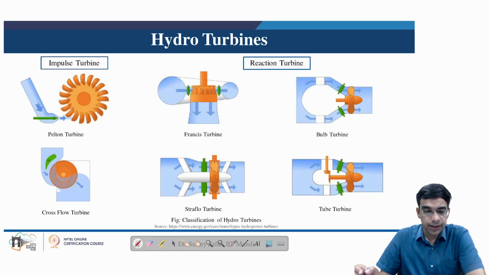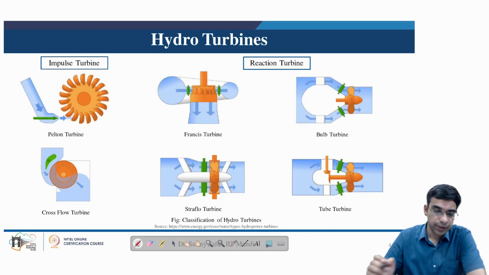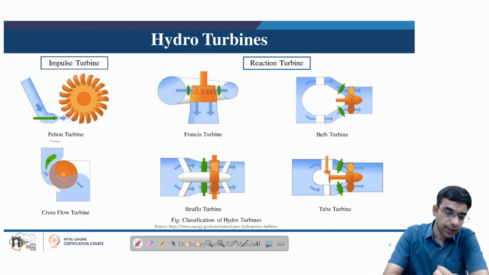So here we can see the impulse action as well as the reaction action as the turbines are functioning. So as we have discussed in case of the impulse turbine here, it is the kinetic energy of this water jet which is getting converted as this water jet interacts with the bucket.